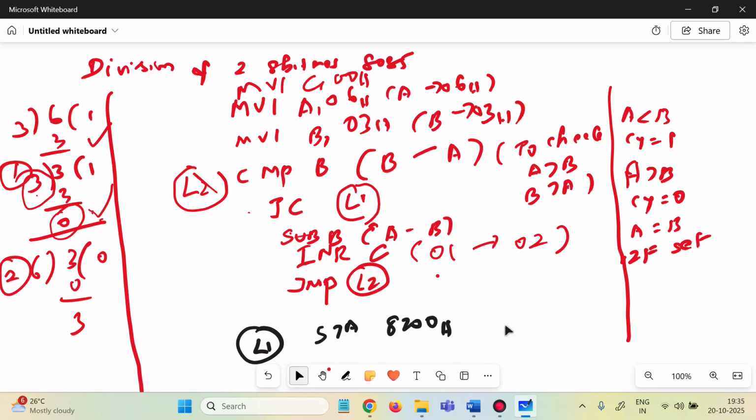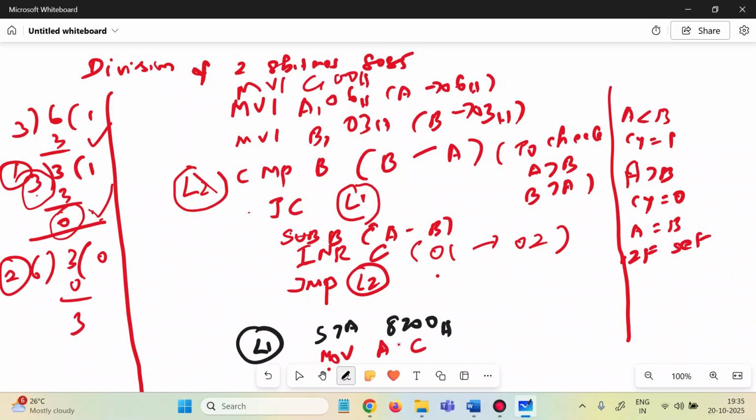So now what we do? Accumulator content is moved to A200. The result is moved to A200. Now we have a quotient. What we do? Move the content of quotient to accumulator.